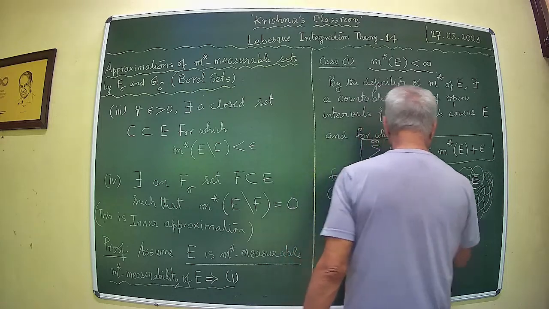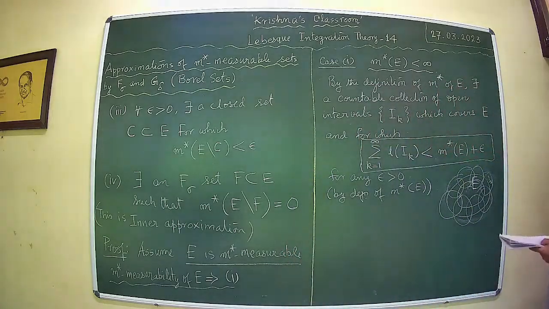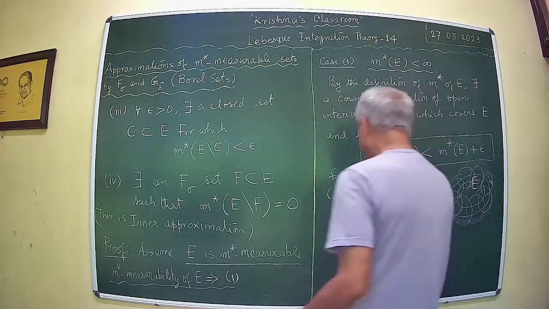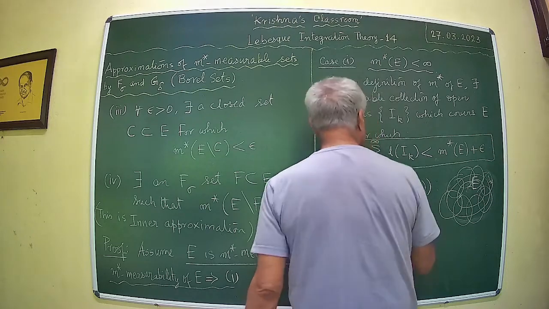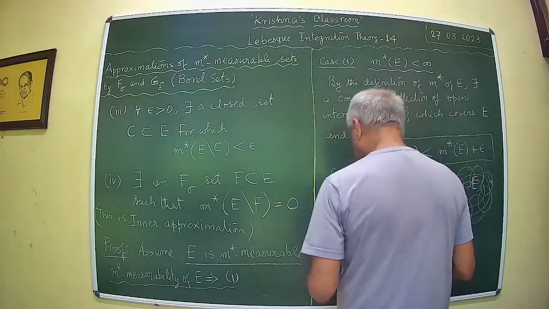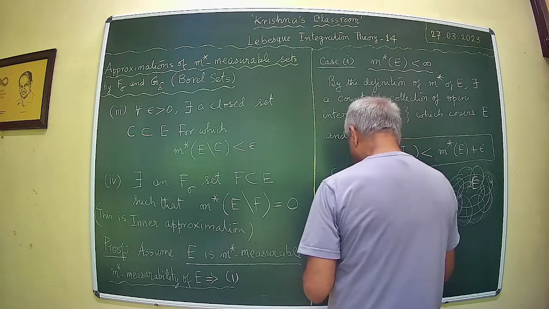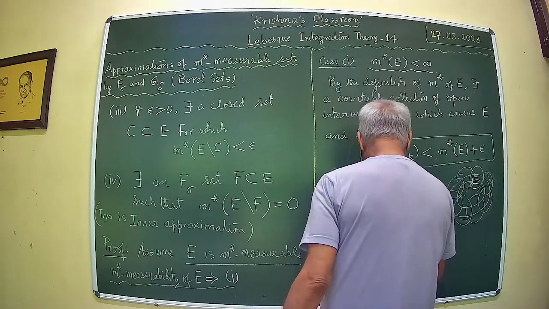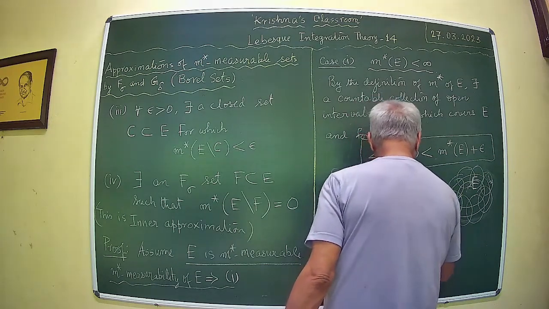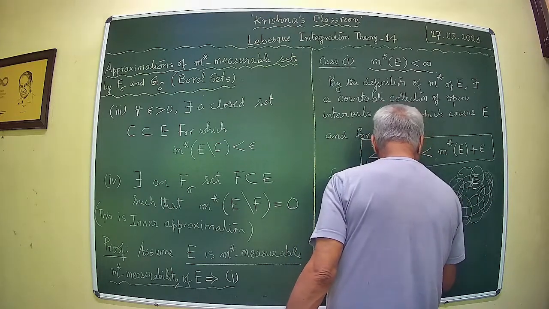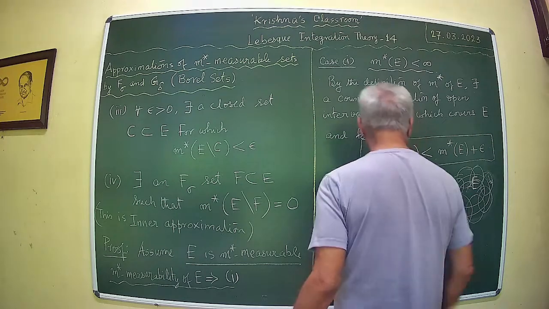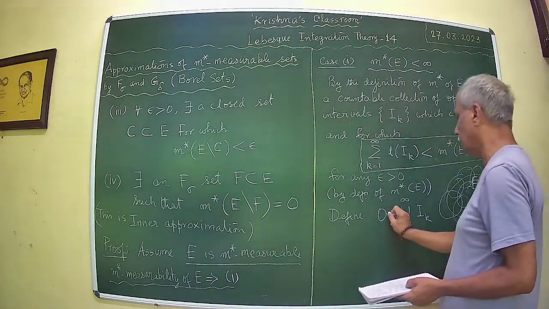Now what we do is define: we have identified such a collection. Define O as the union of such I_k. That's the definition.